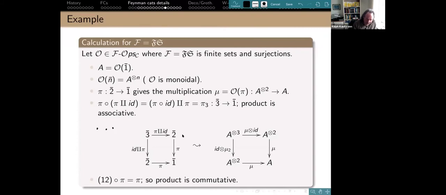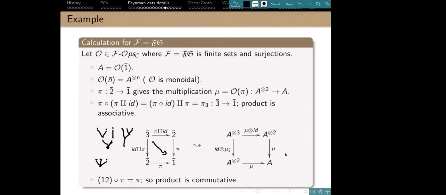I start with 3 things, and I can contract 2 of them and keep that one and then contract them. Or I could do the opposite and contract those 2 first. Those give me the same morphism: it's just contracting all three vertices. Because this is a functor and that's the same morphism, this map has to equal this composite. So you see that the product is actually associative.